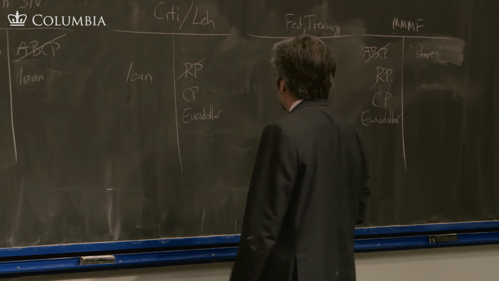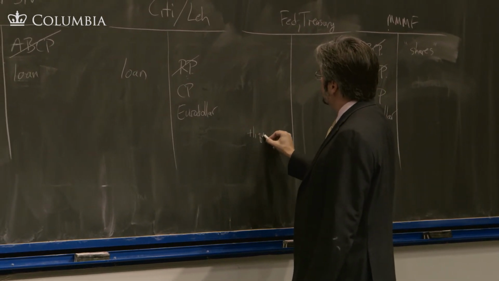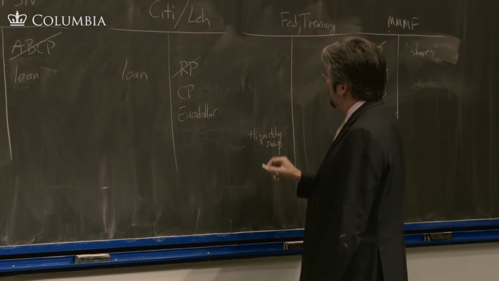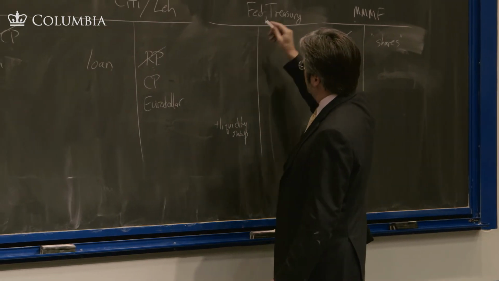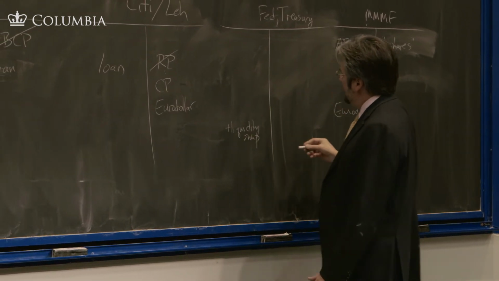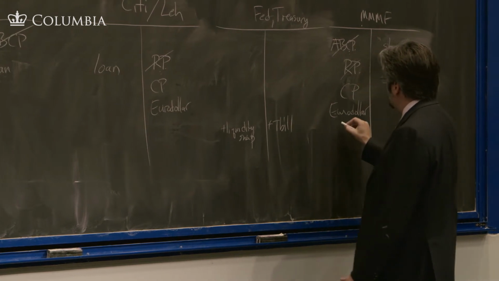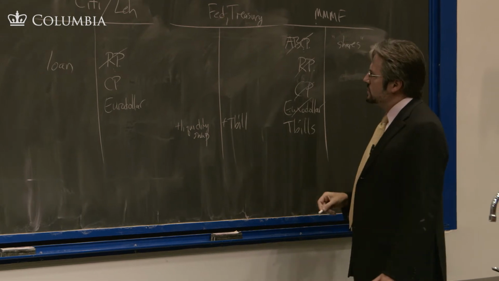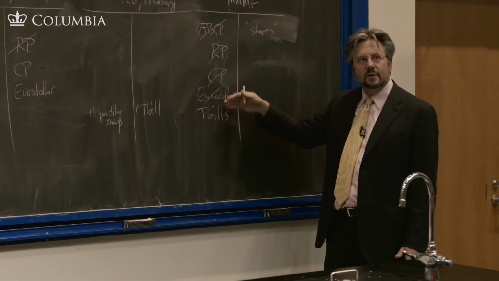Okay. And what they did was liquidity swaps with foreign central banks, so we should have foreign central banks here too, and the Treasury got involved, holding Treasury bills, so that the money market mutual fund could replace all of this dodgy stuff with Treasury bills.